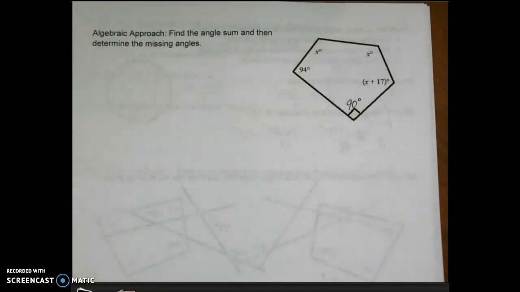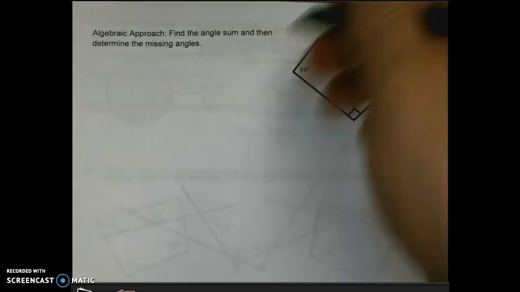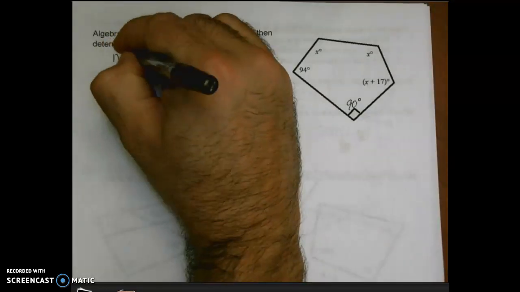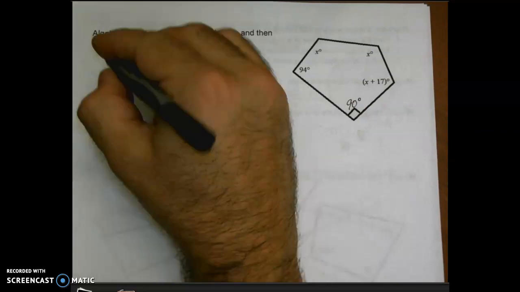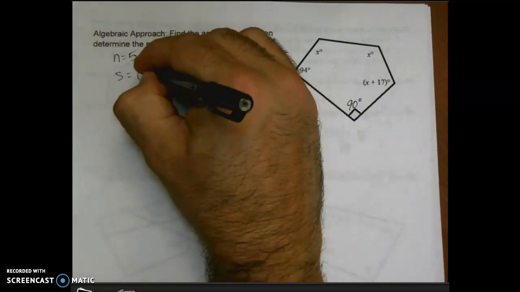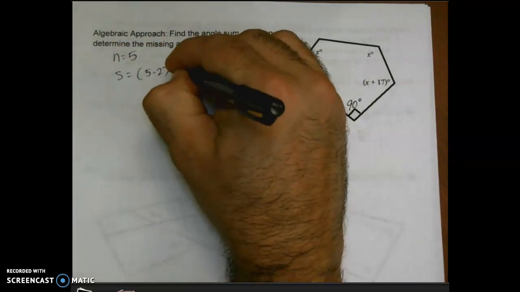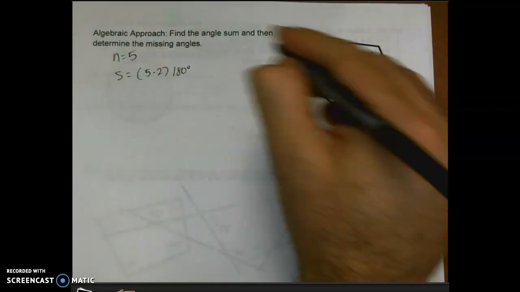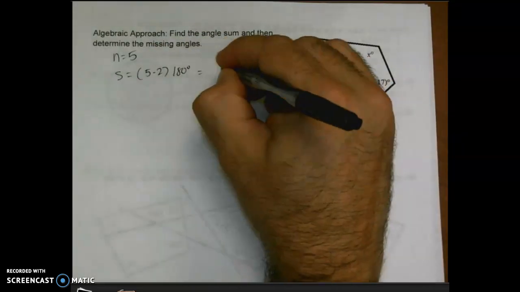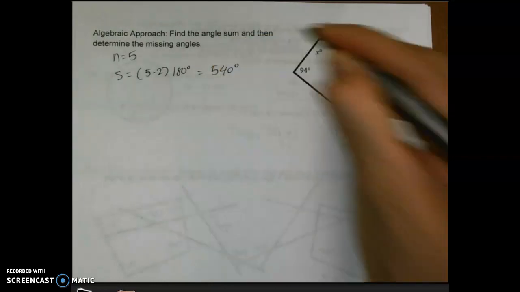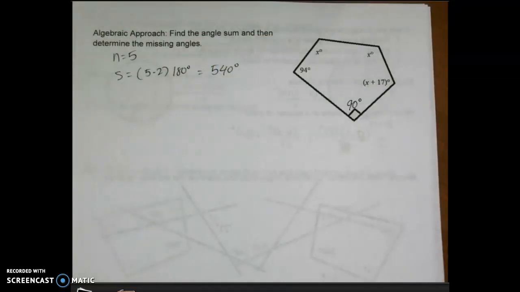We need to determine the angle sum of the whole thing, which is a pentagon, where n equals 5. So that would be our first step. S is equal to 5 minus 2 times 180. Well, 5 minus 2 is 3 times 180 is 540 degrees. So the total angle sum is 540.